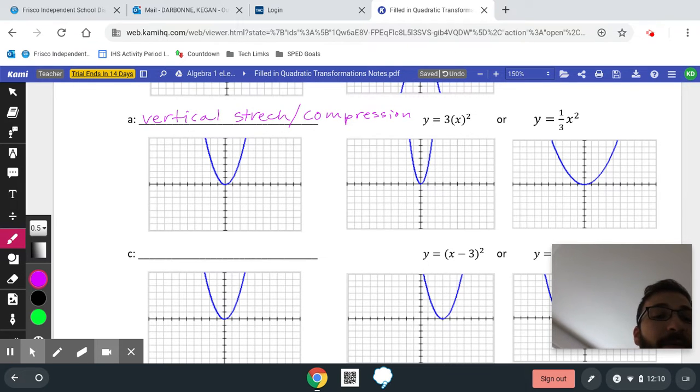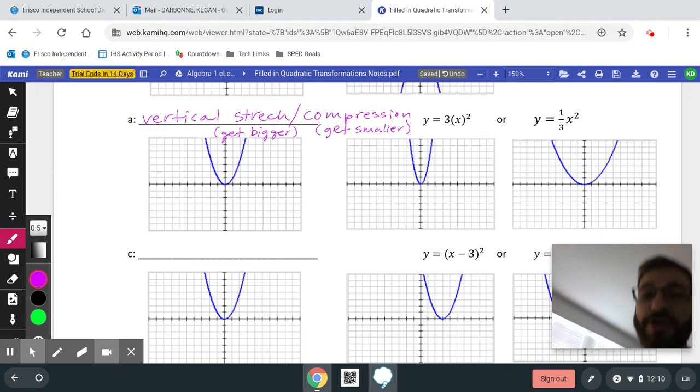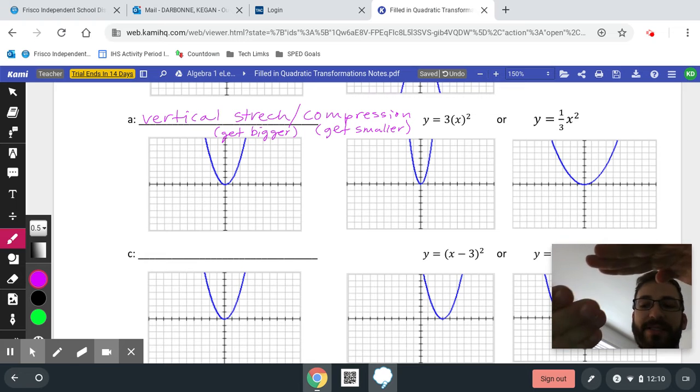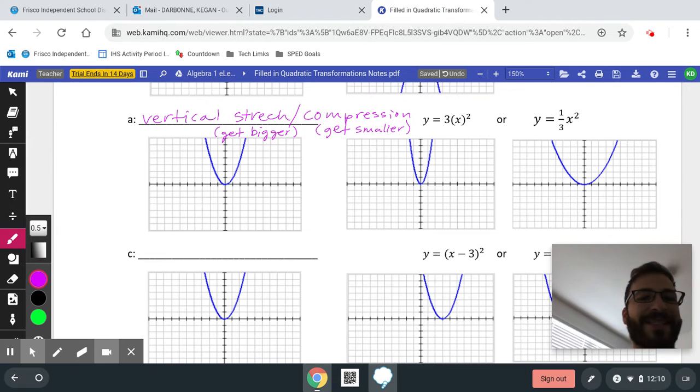Let's make it a little simpler. To stretch something, that means it's going to get bigger. To compress something, that means it's going to get smaller. Because stretching, we're stretching it out, kind of like you'd stretch out a rubber band. Compressing, we're compressing it in, kind of like you would compress, squish things together, if that makes sense.